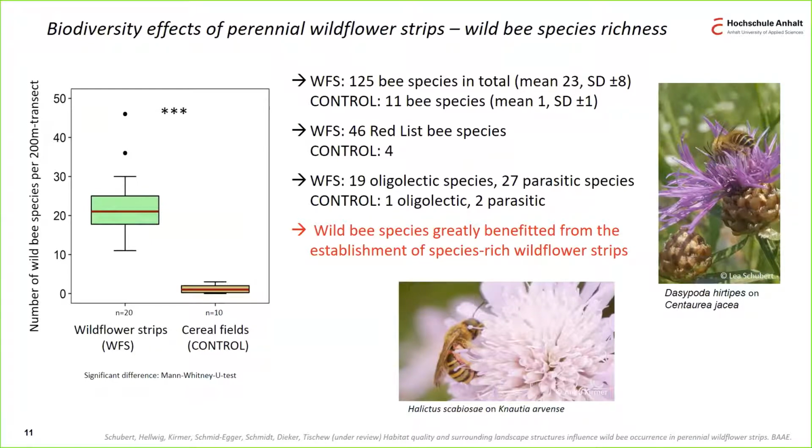The high share of red list and specialized wild bee species reflects the high quality of the wildflower strips and the effectiveness of the species-rich seed mixtures containing a high variety of plant families relevant for bees. In summary, wild bee species greatly benefited from the establishment of the species-rich flower strips.